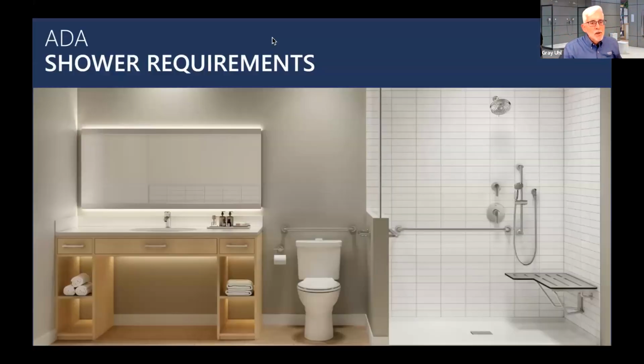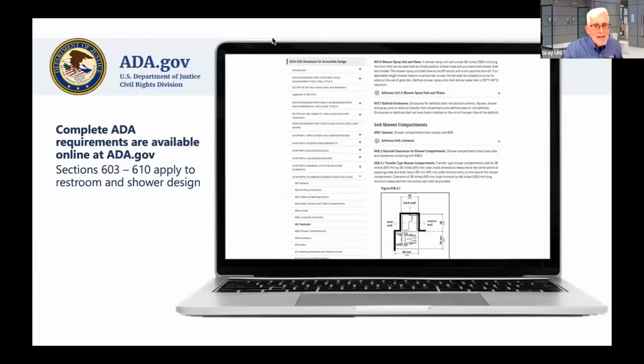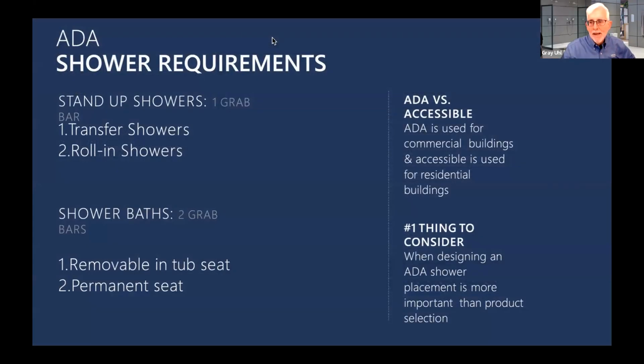All right, so ADA, again, and my takeaway is ADA is a law here in the US. There are very specific specs, so get help from ATS on knowing what you need to do. There are different specs for a removable seat and a permanent seat.